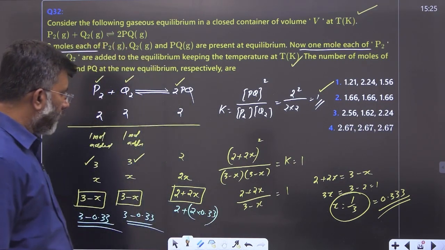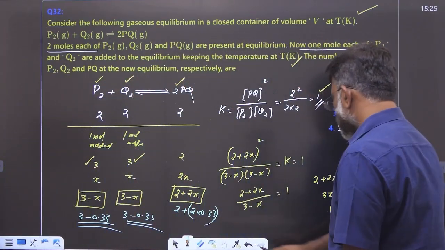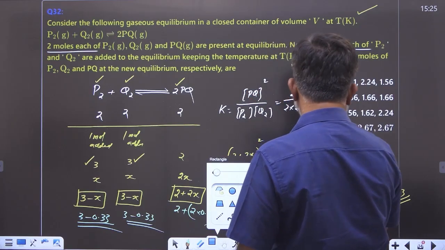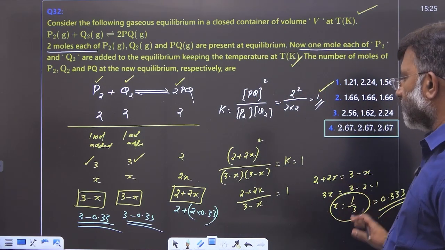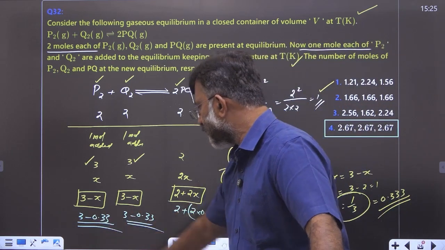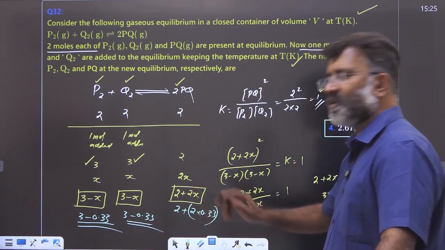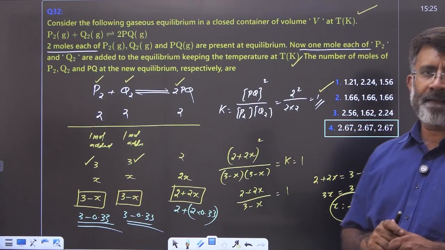That means option 4, the correct answer. 2.67, all 2.67. Okay. Fourth choice is the correct answer.